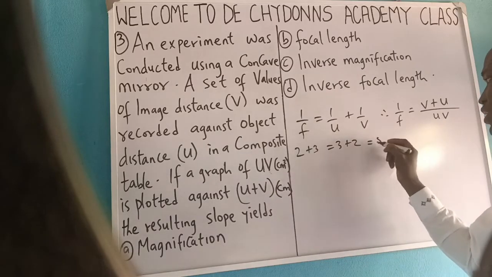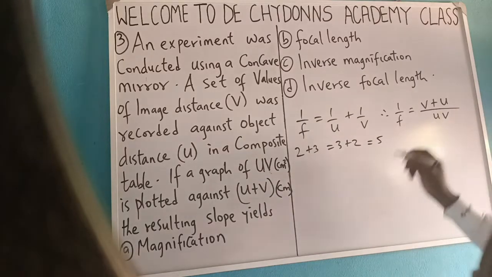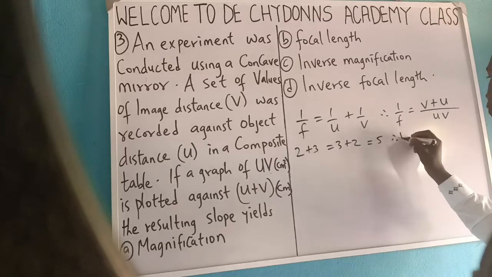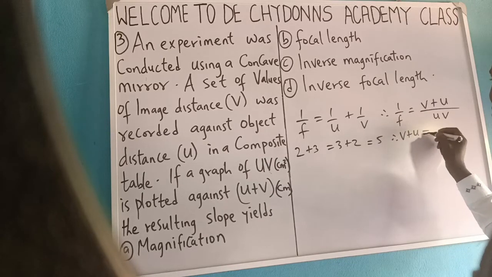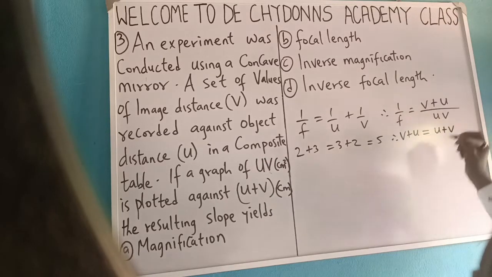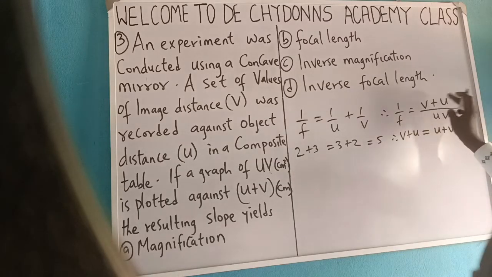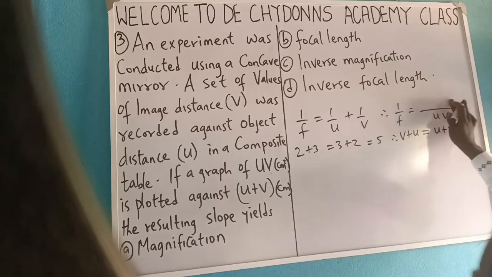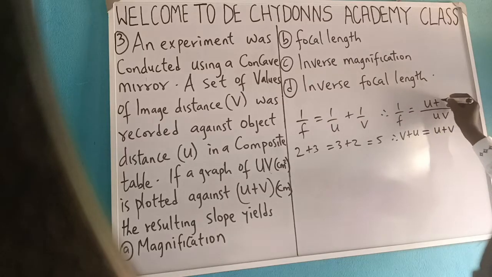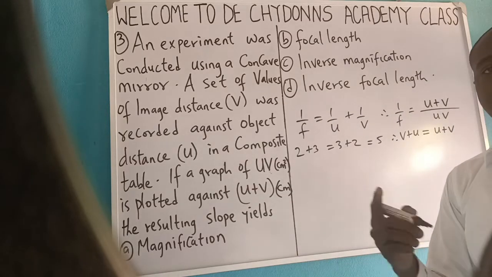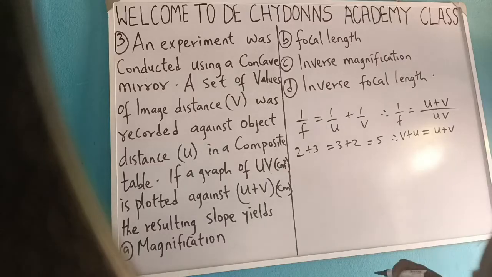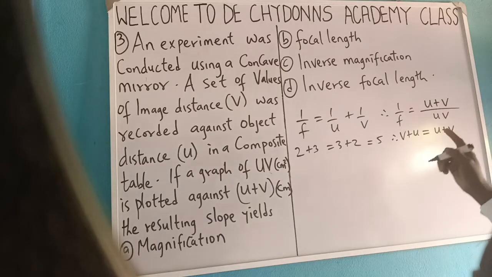That is, they will give you the same answer, 5. That means, therefore, v plus u is the same thing as u plus v. I hope you understood it. So I can now change this to u plus v, because of the commutative property of the sum of two numbers.